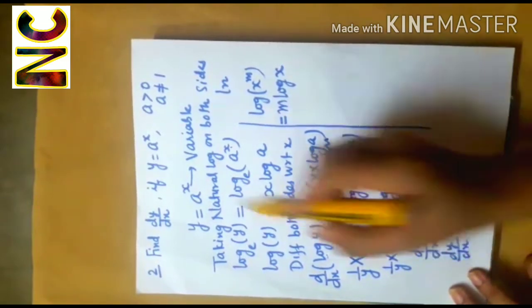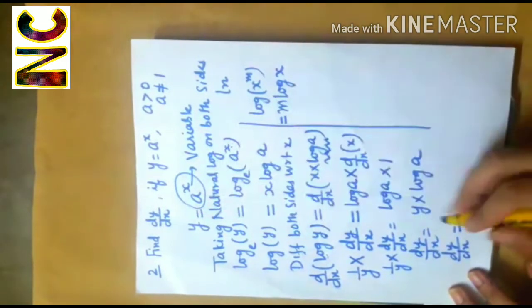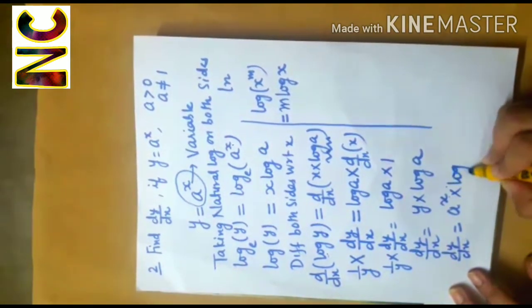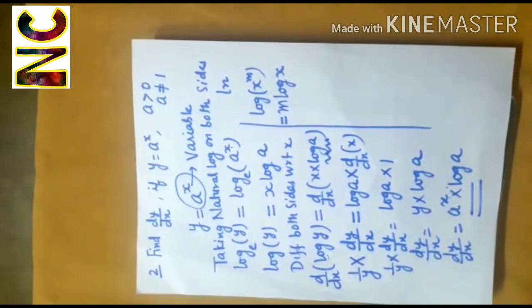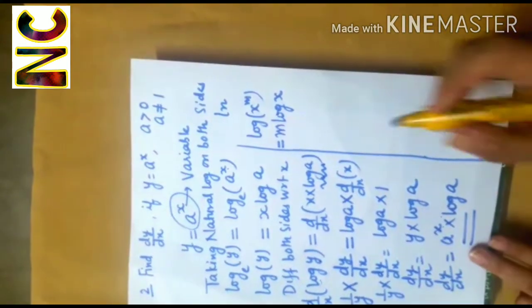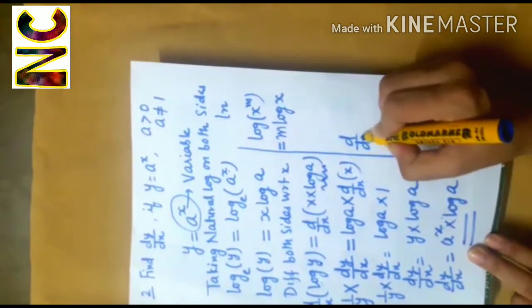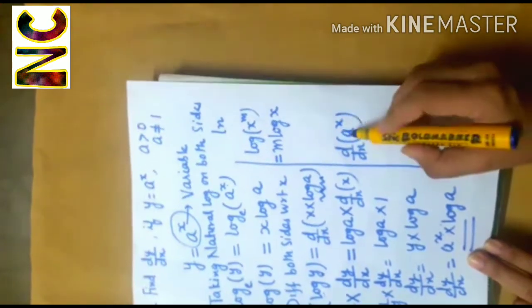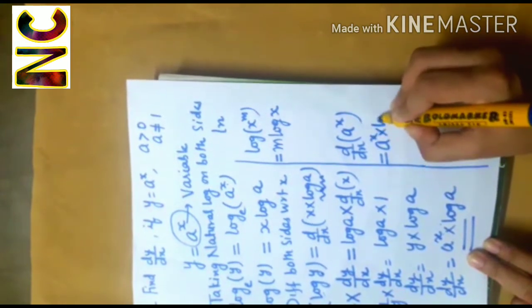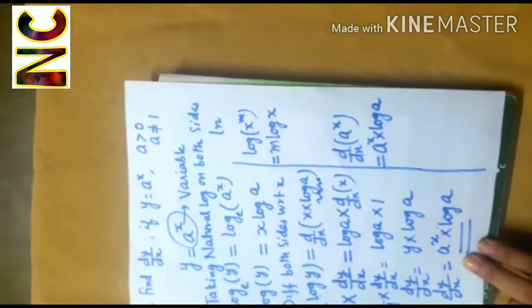And what was y? Y was this. So dy by dx is a raised to the power x into log a. Yes, you can memorize this as a formula also. So remember this, d by dx of a raised to the power x is equal to a raised to the power x into log a.